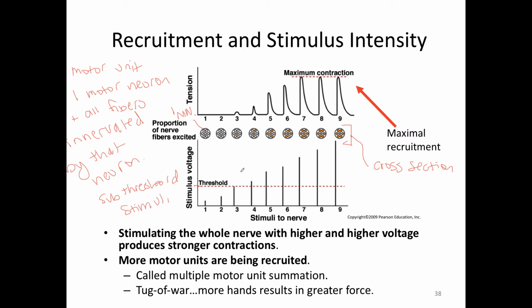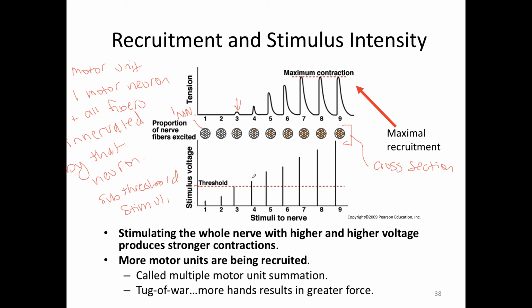Once you reach threshold, perhaps one neuron is excited, resulting in its motor unit being activated, generating a little bit of tension. So if you need to use your muscle in a way that doesn't generate the maximum possible contractility, like you're going to lift something but it's not very heavy, like a pencil, you're not going to recruit very many motor neurons because you don't need to. You only need to recruit one.